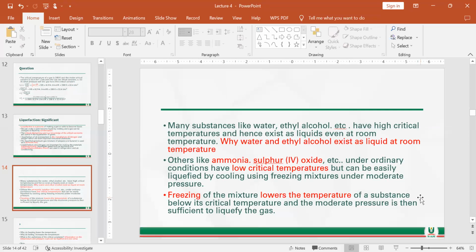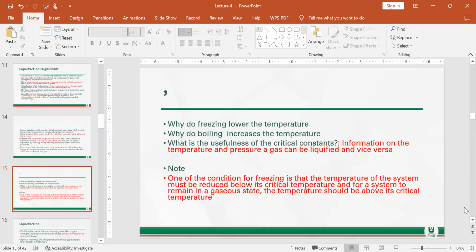For instance, if you put water in a freezer, the temperature will be lowered below the critical temperature. One way you can turn a gas to liquid is to lower its temperature below the critical temperature. Some gases, if you lower the temperature, will change to liquid.